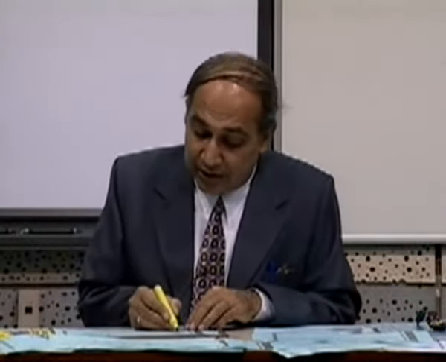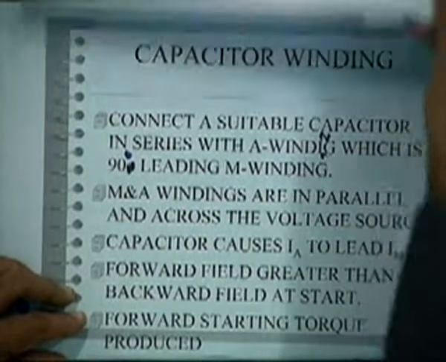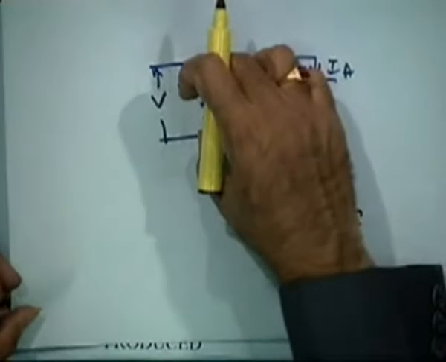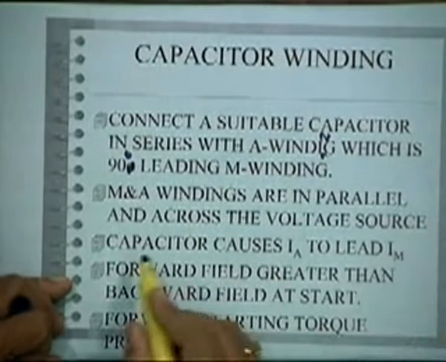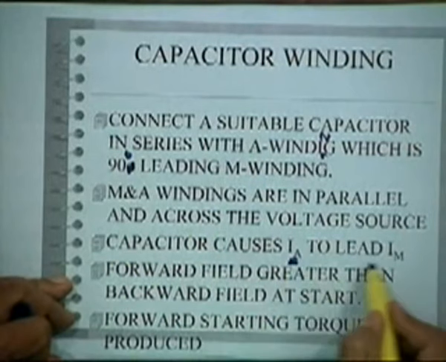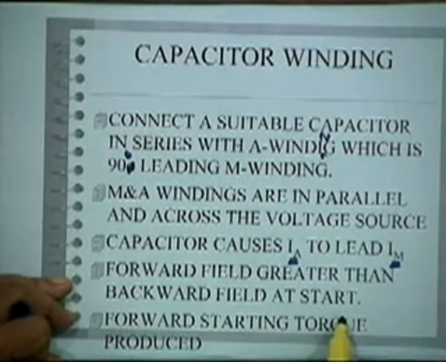So M and A windings are in parallel, across the same voltage source, and the capacitor causes IA to lead IM. Forward field is greater than backward field at start, therefore forward starting torque is produced.